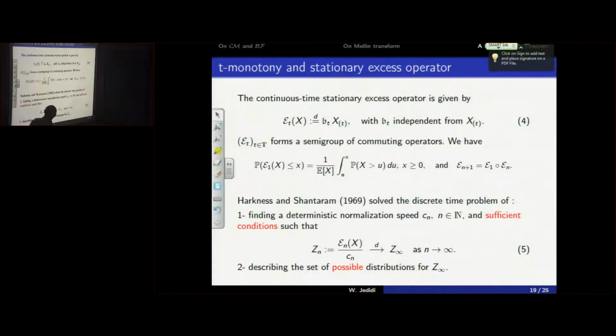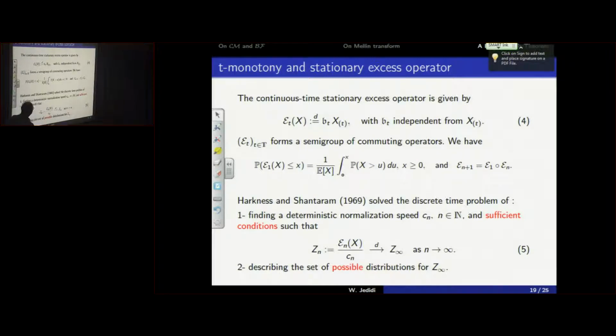Notice that we can also have a continuous time version. If you define E_t of X by this independent product, whose effect on the distribution is a kind of Mellin convolution, I mean, a multiplicative convolution, then when t is an integer, it corresponds exactly to E_1 iterated n times.